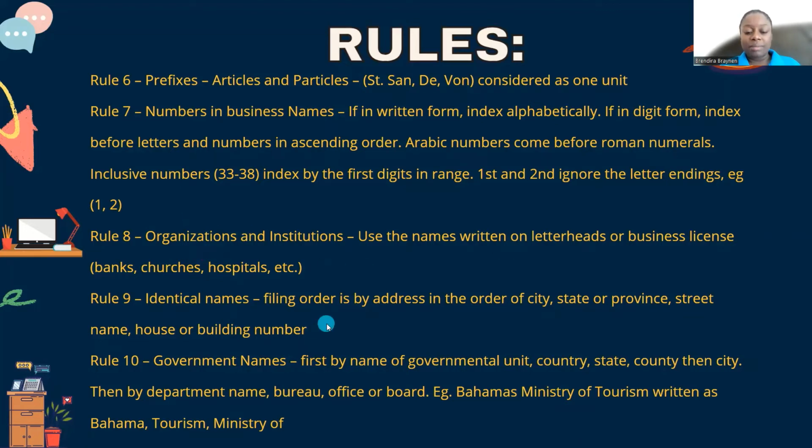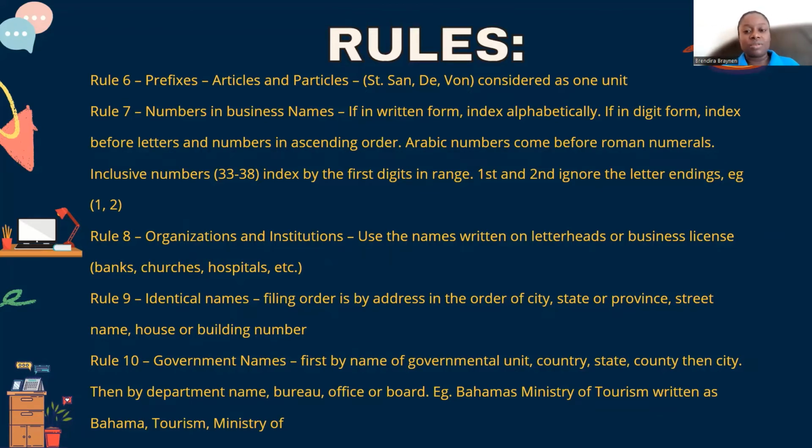When you have identical names, let's say you have 2 identical last names, or 2 identical companies, you're going to file it based on the address at that point. Most of the time it comes with the address.